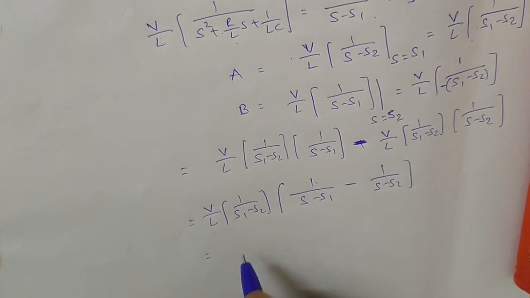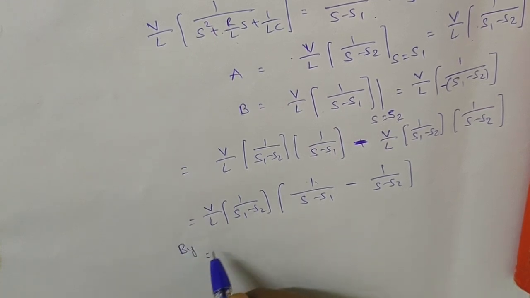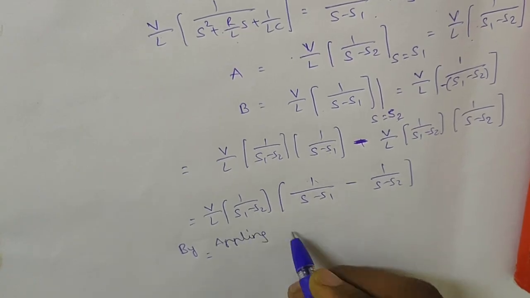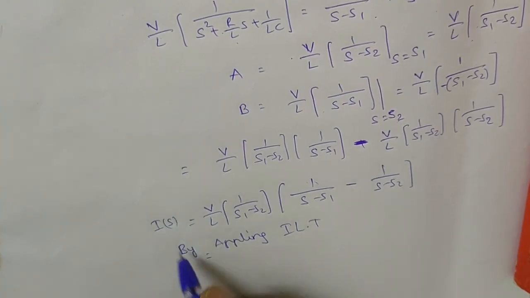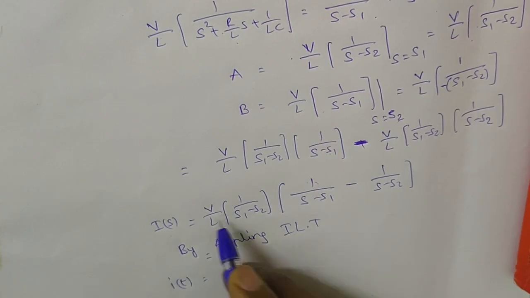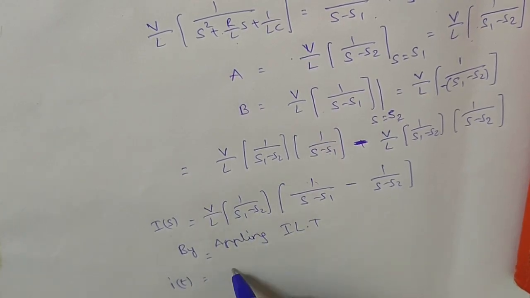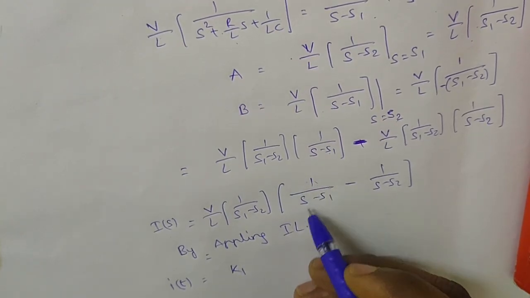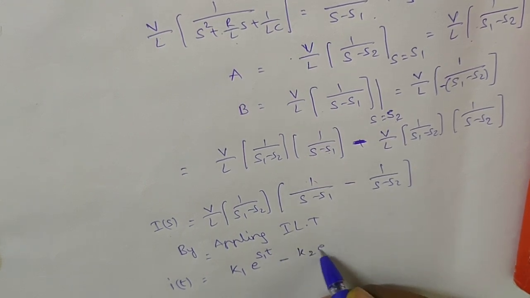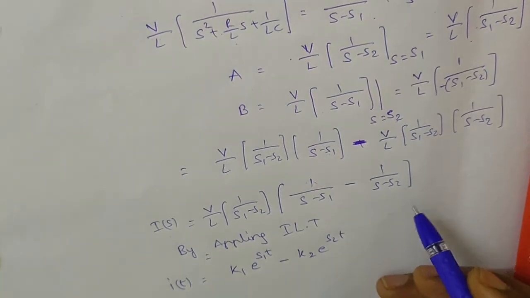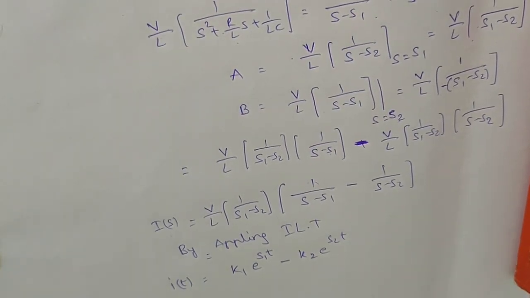So by applying the inverse Laplace transform, I of S will give I of t equal to, as it is a constant, we will represent this as k1, and 1 by S minus S1 we can write as e power S1 t, minus k2 e power S2 t.